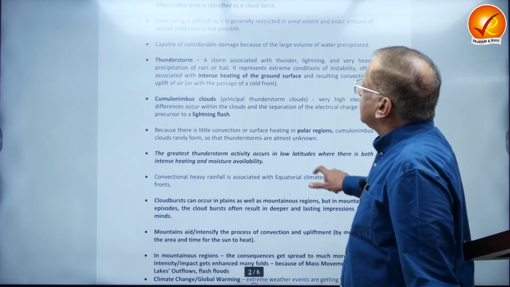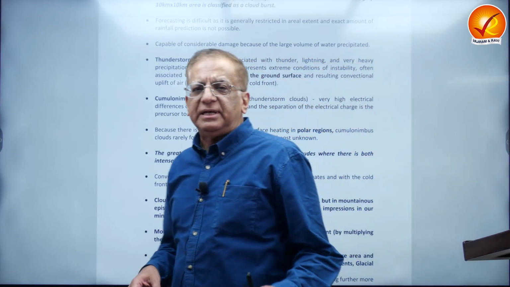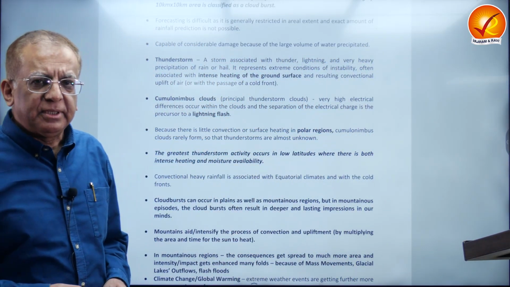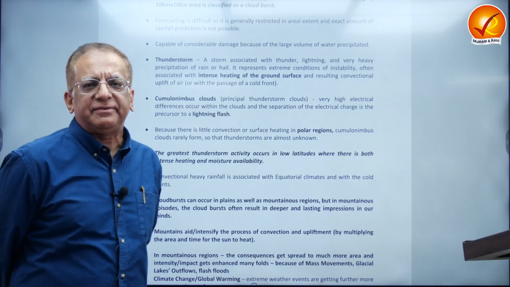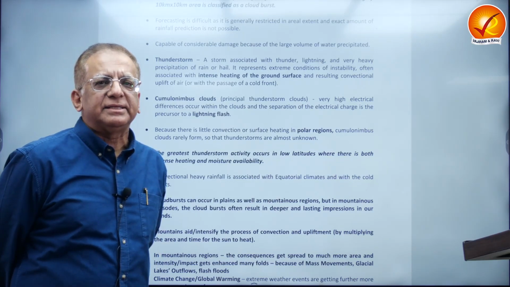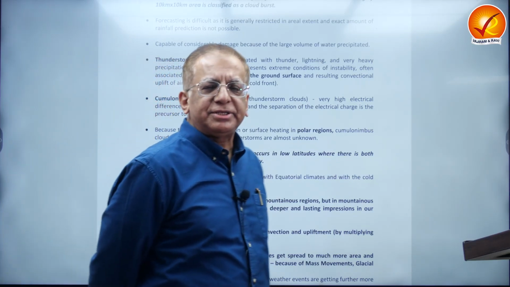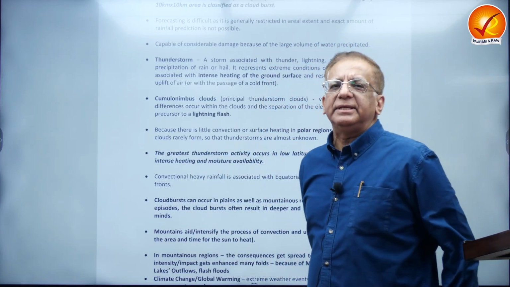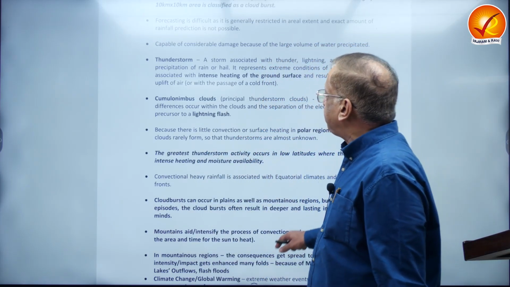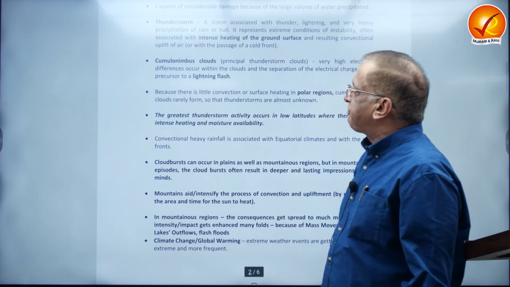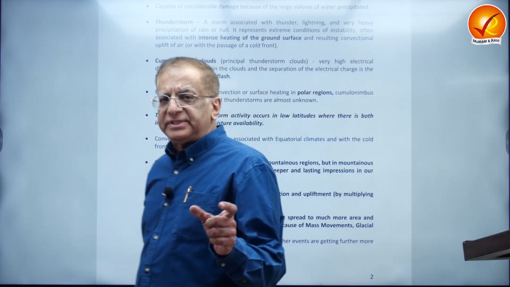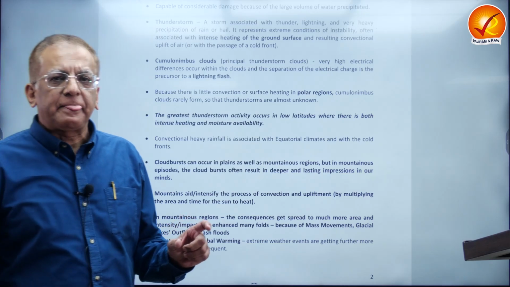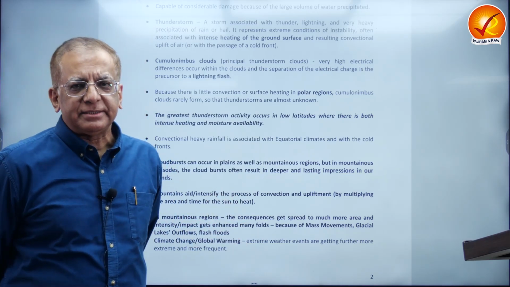And this particular cloudburst is related to the thunderstorm situation, where you have vertically developed clouds which have charged particles, and there's a sort of flash, that you have thunder, etc. Again, all the evidence of great convection. And the cumulonimbus clouds, which are the principal thunderstorm clouds, would never be seen in polar areas.